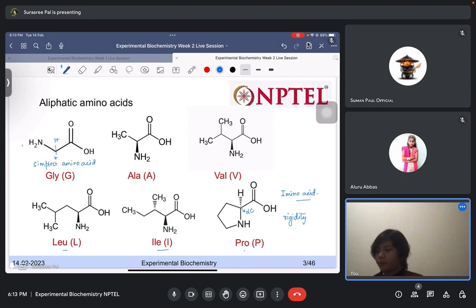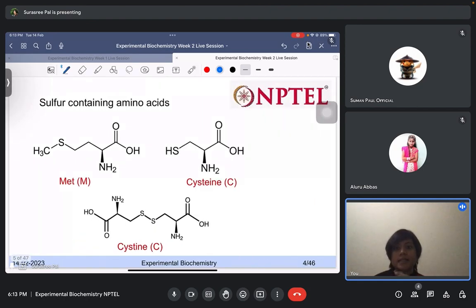We will see. So next are these sulfur containing amino acids, right? The amino acids are methionine and cysteine. Methionine is this one, and cysteine can also be denoted as Cys. And the structure below this particular structure is actually a cystine molecule. So what is a cystine?